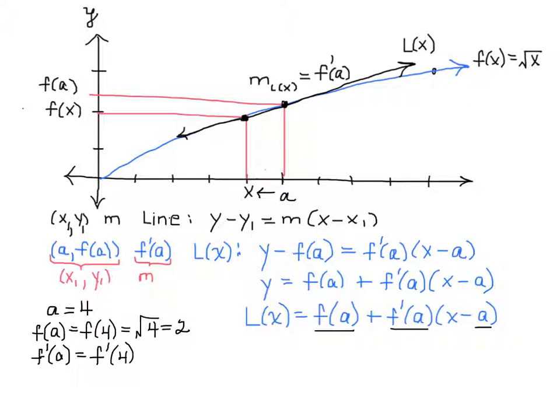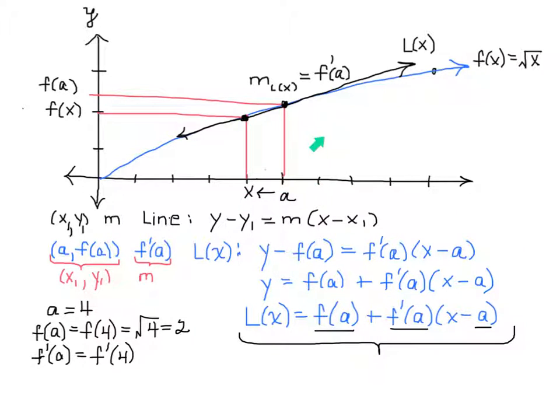And we'll end up with an equation for a line that is the secant line between a and some value of x that's very close to a. And so we could find, say, the square root of, on this side of a would be maybe 3.9 if a is 4.